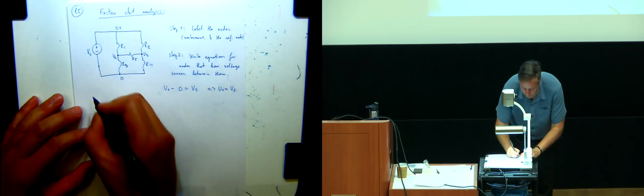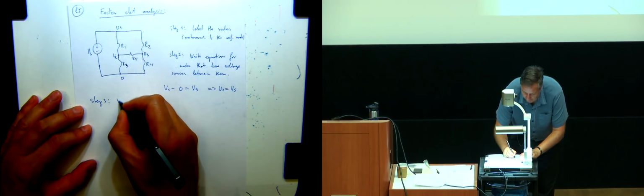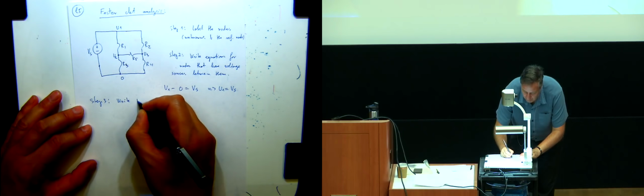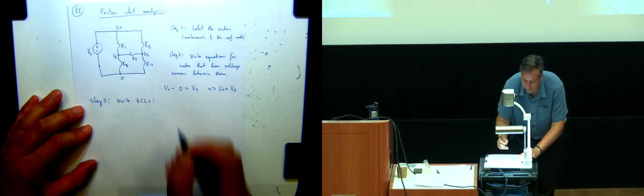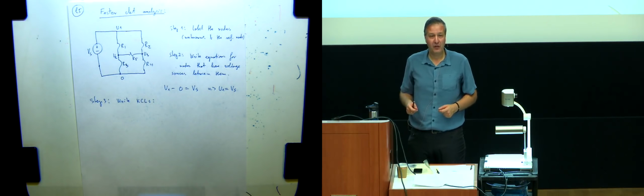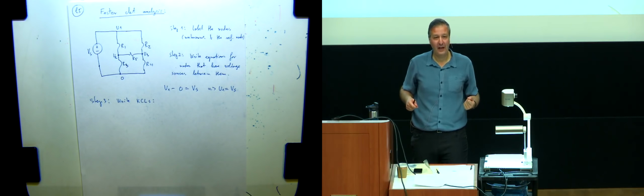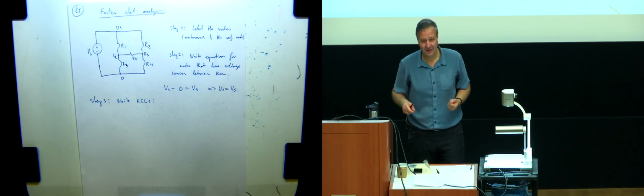Step 3: I'm going to write KCLs, but I'm going to write a KCL and IR element sandwich. Okay, how does that look?